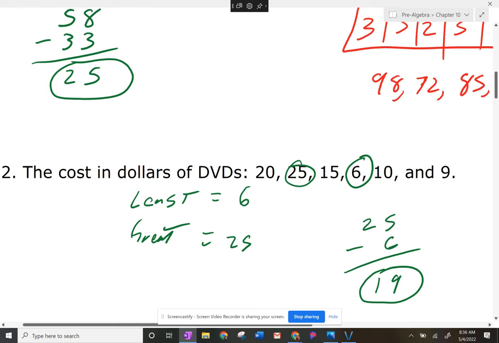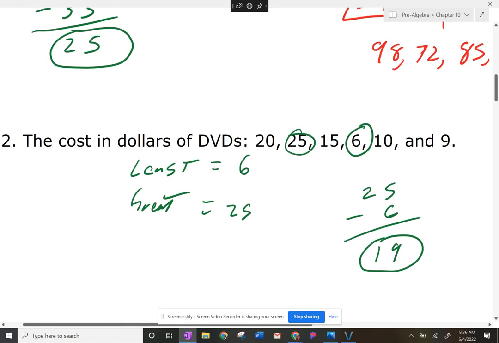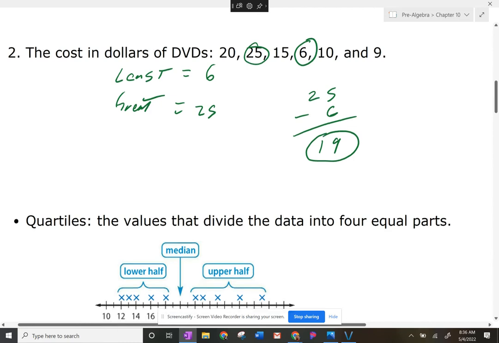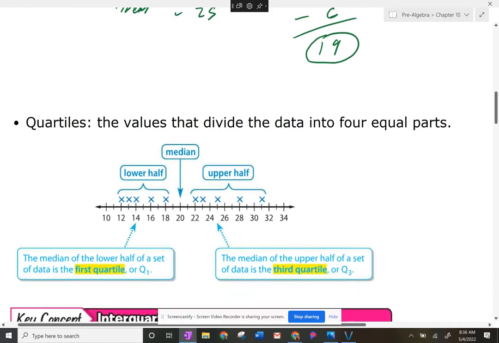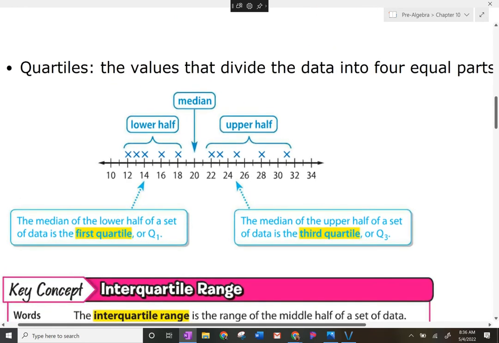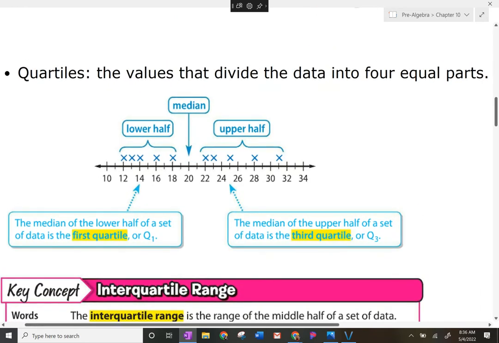Okay. Here's where people stop liking me, assuming you guys liked me before. All right. Here is a brand new concept that I don't know if you guys had talked about yet. We're going to talk about quartiles.